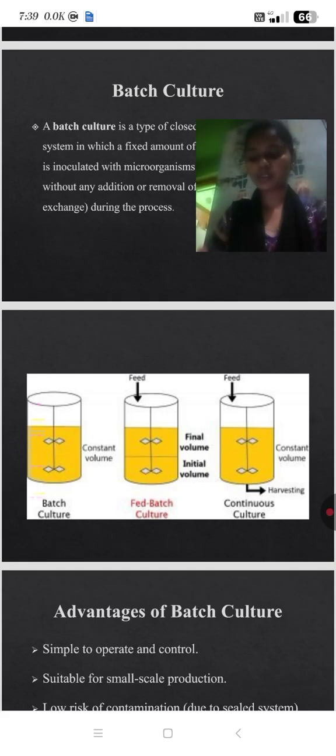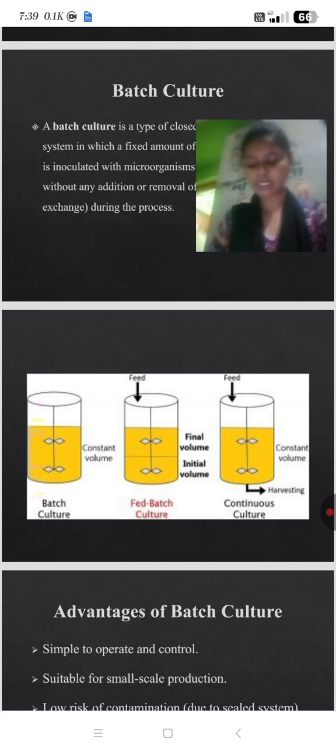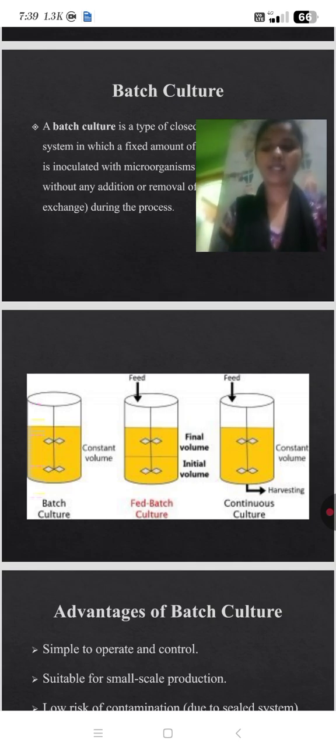Continuous: fresh feed is added continuously, culture is removed simultaneously, and the volume is constant.